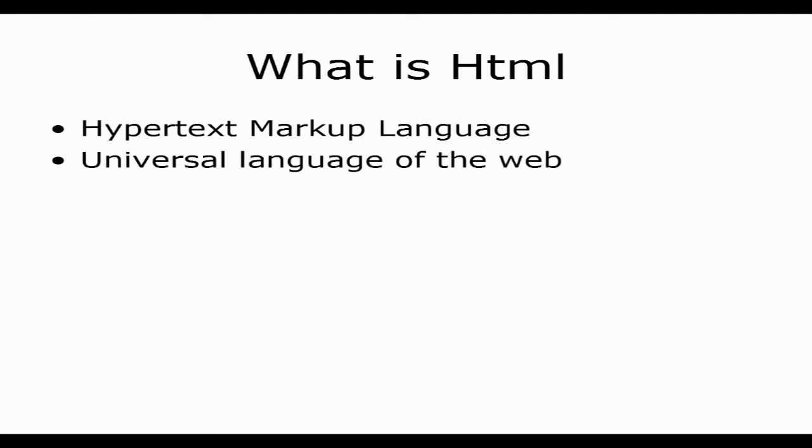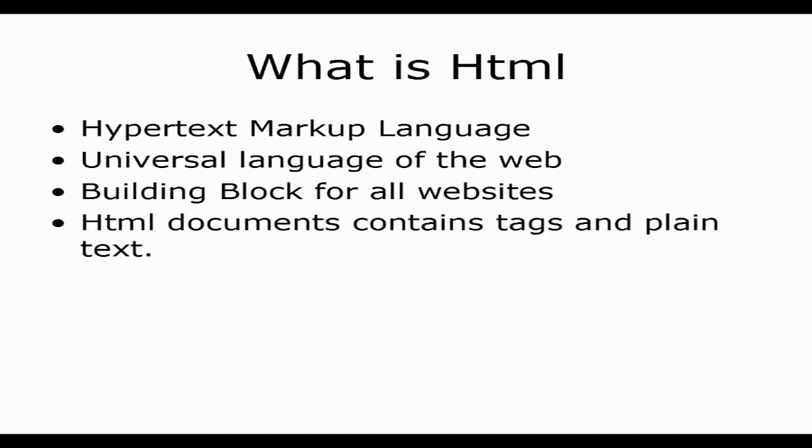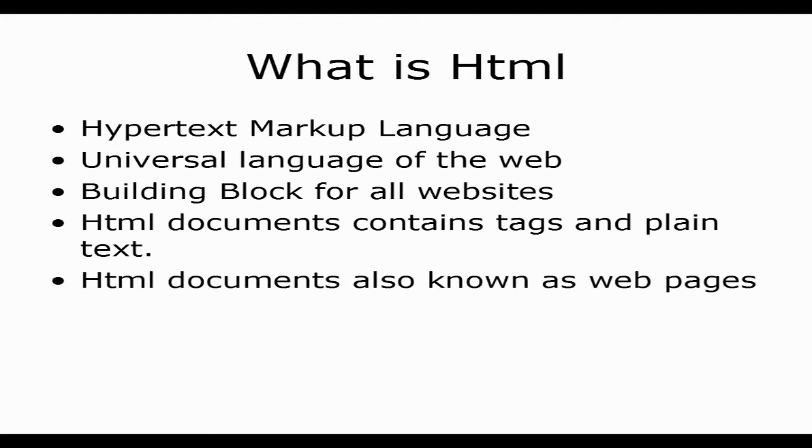It is a universal language of the web. It forms part of the building block for all websites. HTML documents contain tags and plain text. HTML documents are also referred to as web pages.